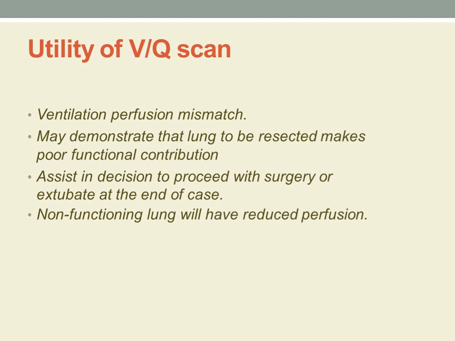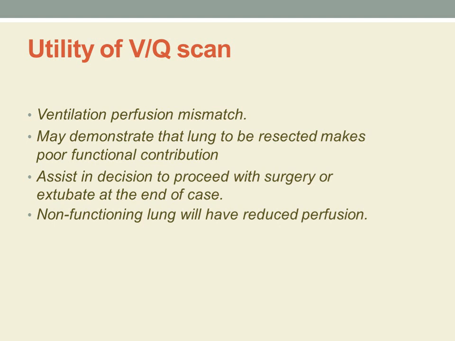Now we'll talk about the ventilation perfusion scan. The scan looks at lung ventilation using radioactive tracers, and lung perfusion. Most of the time this scan is used for pulmonary embolus, where we see the ventilation perfusion mismatch. We sometimes do the perfusion scan for lung surgery.